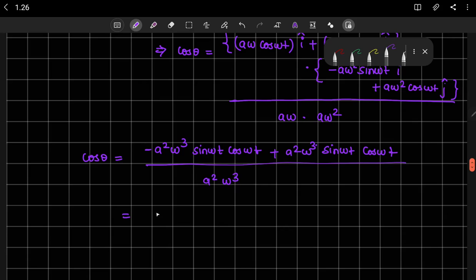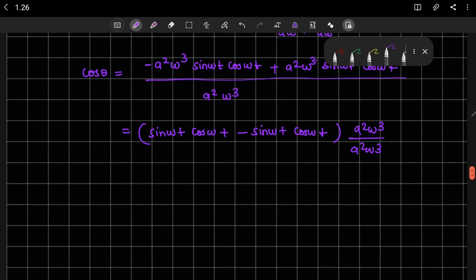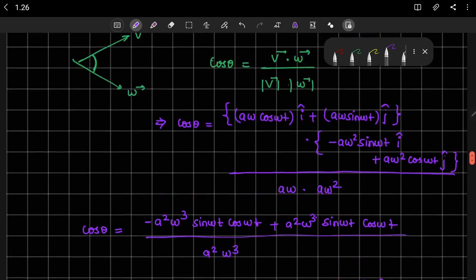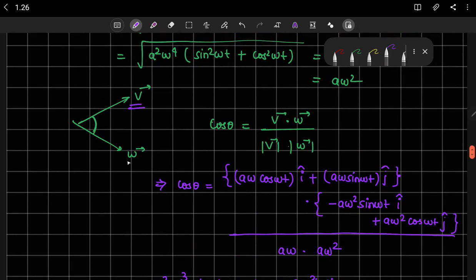So from here we will get sin omega t cos omega t minus sin omega t into cos omega t times a square omega cube divided by a square omega cube. So that means cos theta is equal to 0. So the value of theta will be 90 degrees. So the angle between the velocity vector and the acceleration vector is 90 degrees.